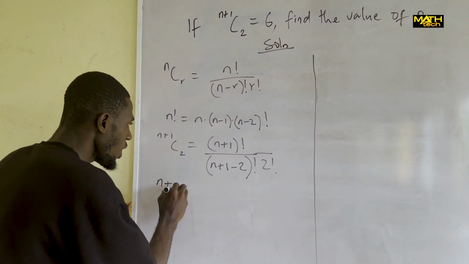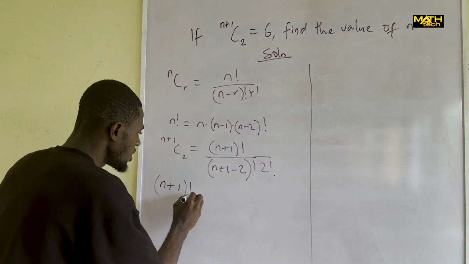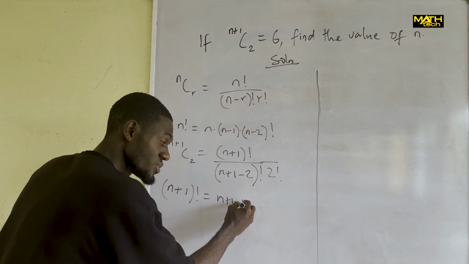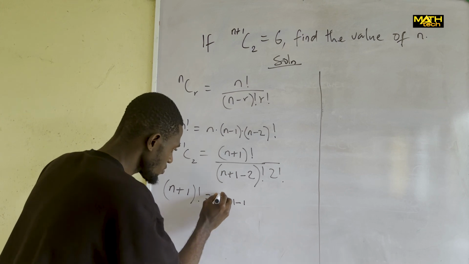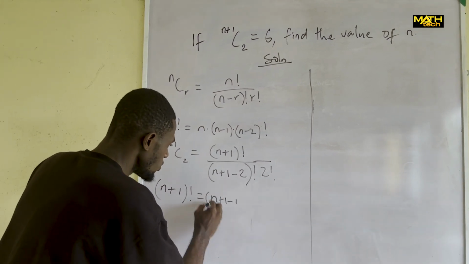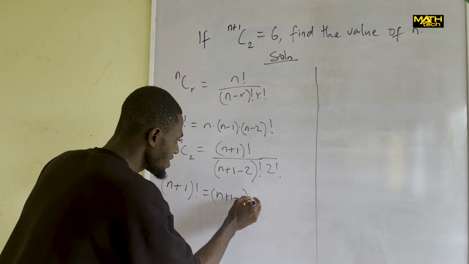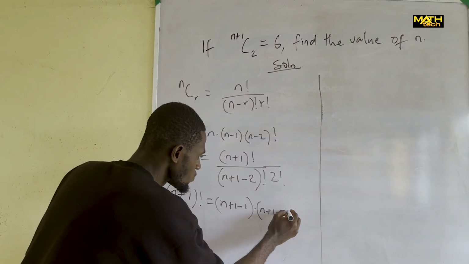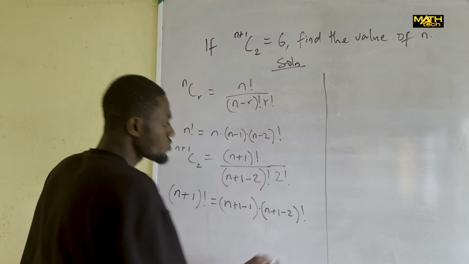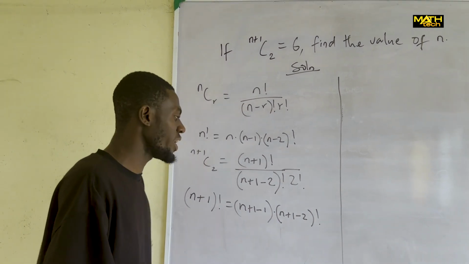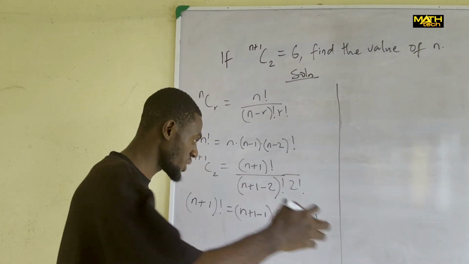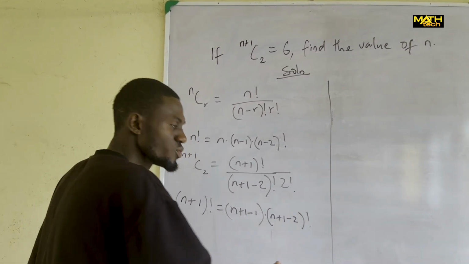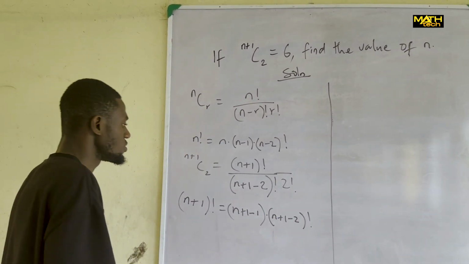It will be n plus 1 times n plus 1 minus 1 times n plus 1 minus 2, and it still goes to n plus 1 minus 3, n plus 1 minus 4. This factorial means it continues the multiplication, subtracting 1 more, 1 more, 1 more.